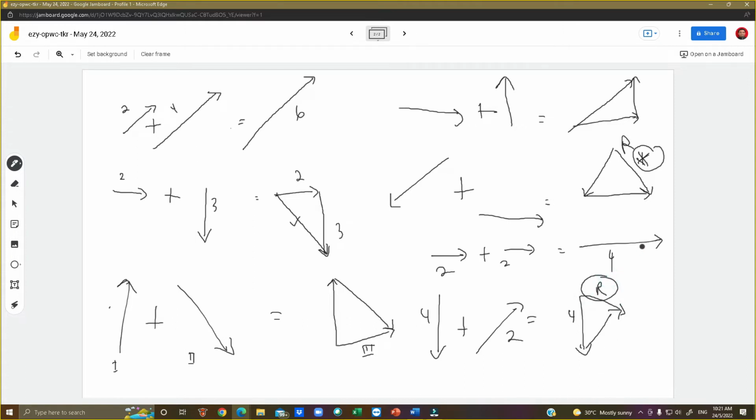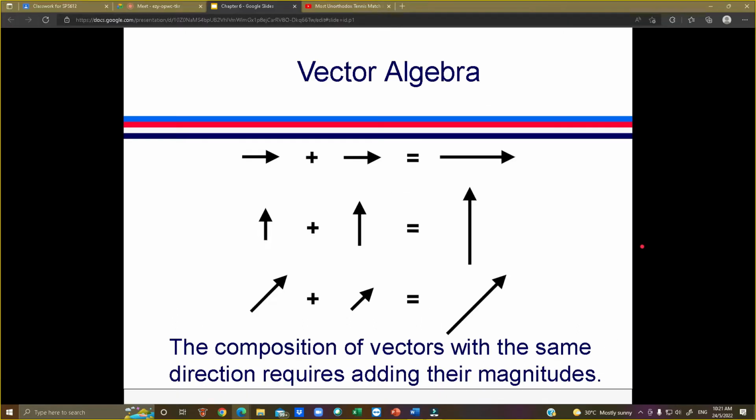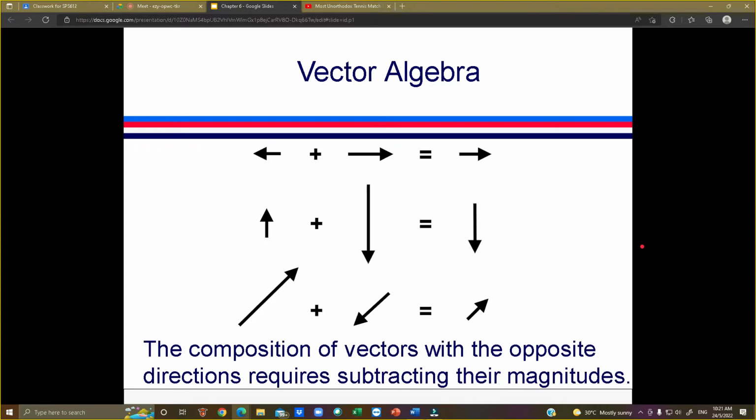So this is what we call vector algebra. Okay, what if they are the same shape but in different directions? We need to measure. Let's say this one is 1 cm, this one is 2 cm. Which one is more? The result will follow the direction of the larger one.